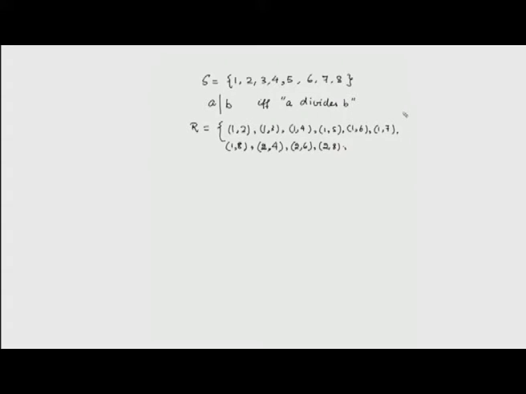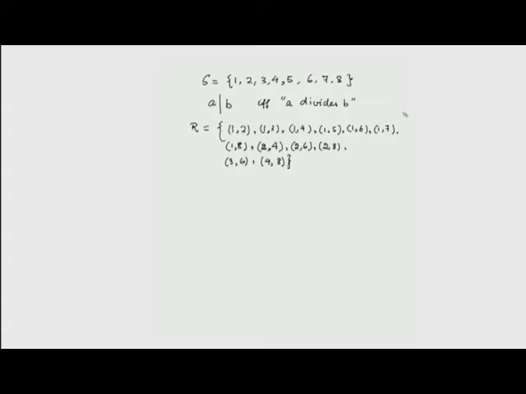So, we finish up with 2, then we start with 3. So, 3 divides 6 and nothing else, then we come to 4 divides 8 and 5 does not divide any other number in S, 6 does not divide any other number in S, neither does 7 or does 8.